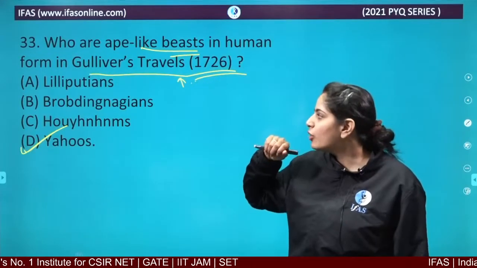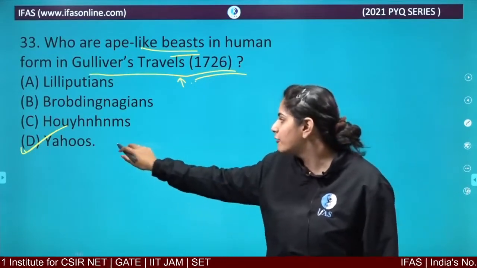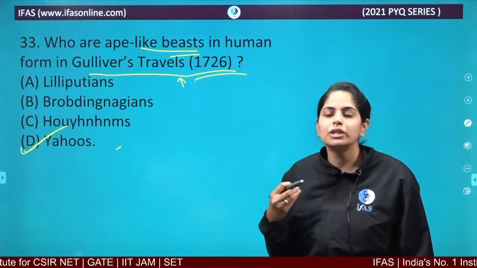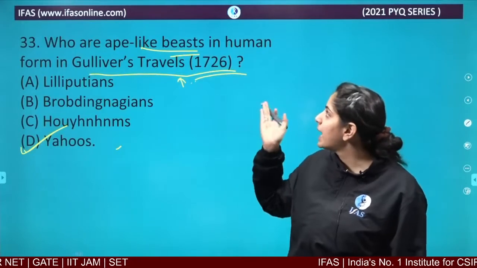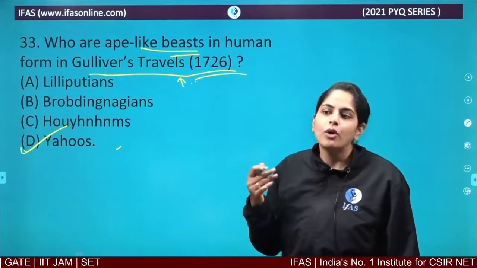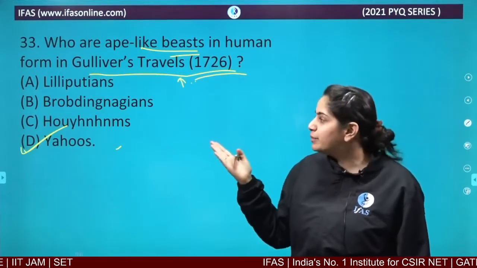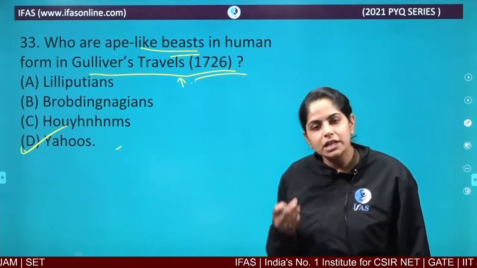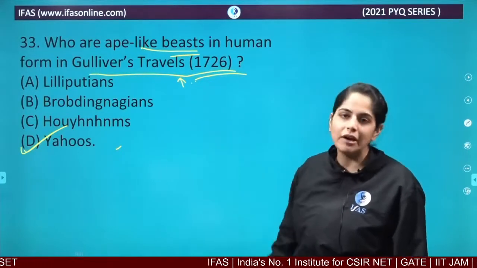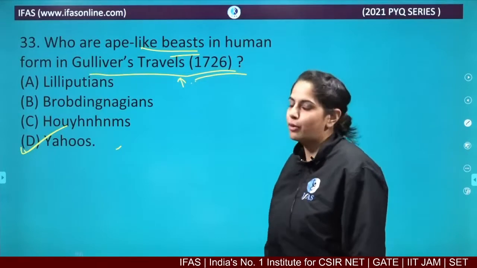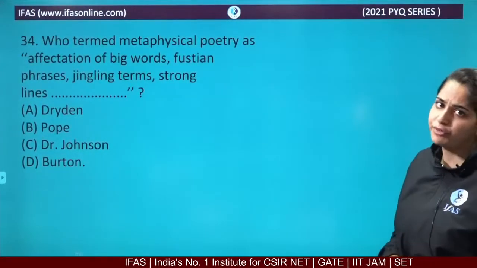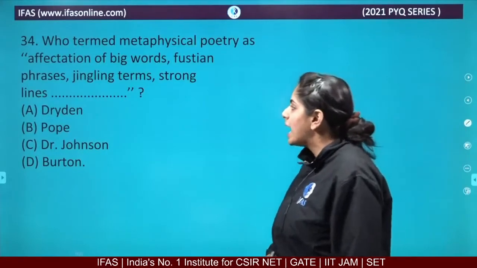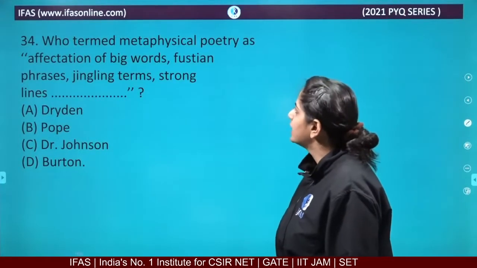But to know these words, the characters, the idea, and who the Lilliputians were, you have to read Gulliver's Travels itself. There is no other option. But to know the idea, you can watch the movie also. Now, coming to the next question.